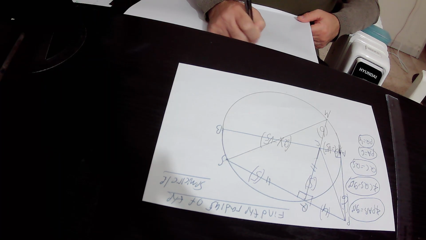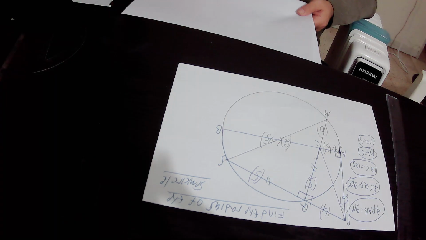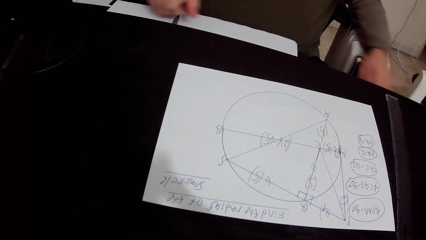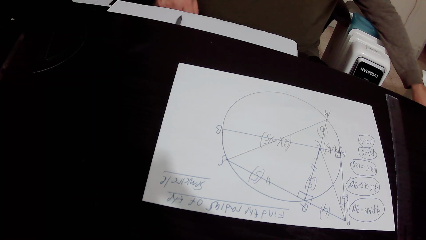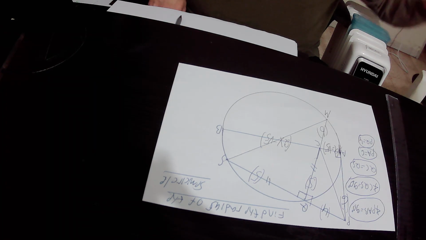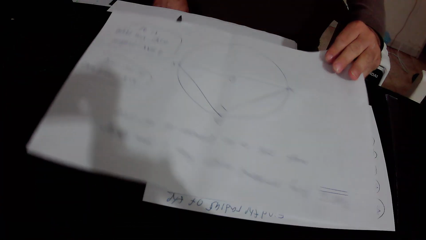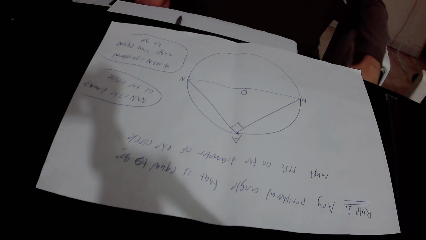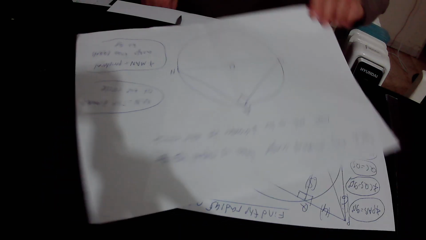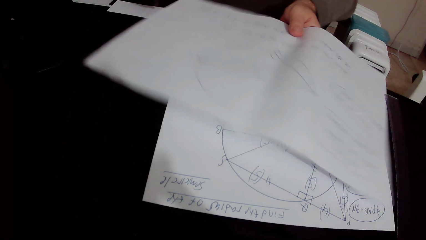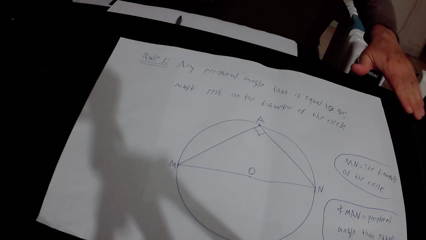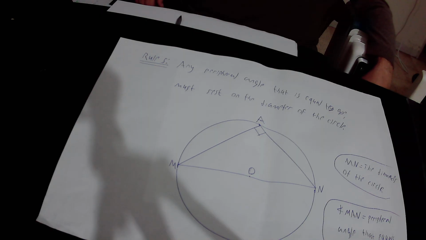And we have here rule number 5 that talks about peripheral angles that are equal to 90 degrees in their sizes. According to this rule number 5, any peripheral angle that is equal to 90 degrees must rest on the diameter of the circle.